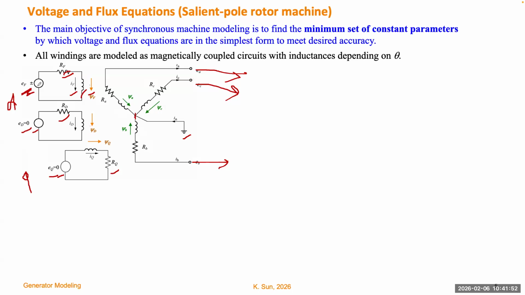So on the rotor side, the inductance is treated as a load, but on the stator side, the inductance is treated as a source, because the windings are coupled, so the voltage will be induced in the stator winding. You can see the direction of the flux linkage pointing this way, and the current is opposite to the direction of the flux linkage, because the voltage on the stator side is induced due to the change of the current. Based on that convention, we make the current opposite to the flux linkage.